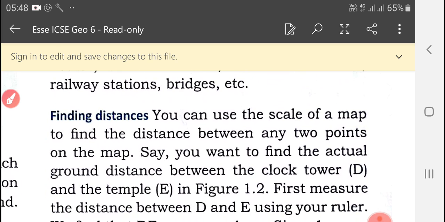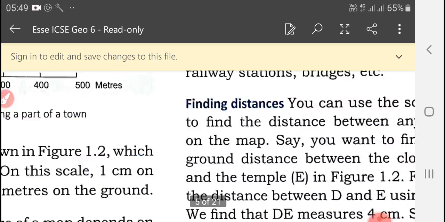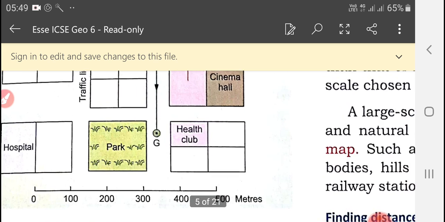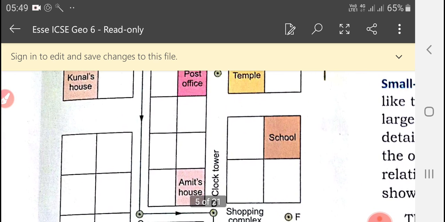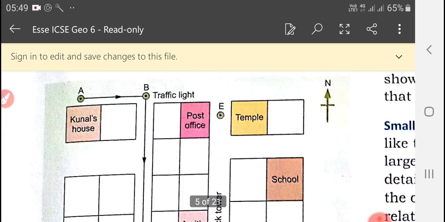Now, how can we find the next feature, that means distance. So first let us go to figure number 1.2.